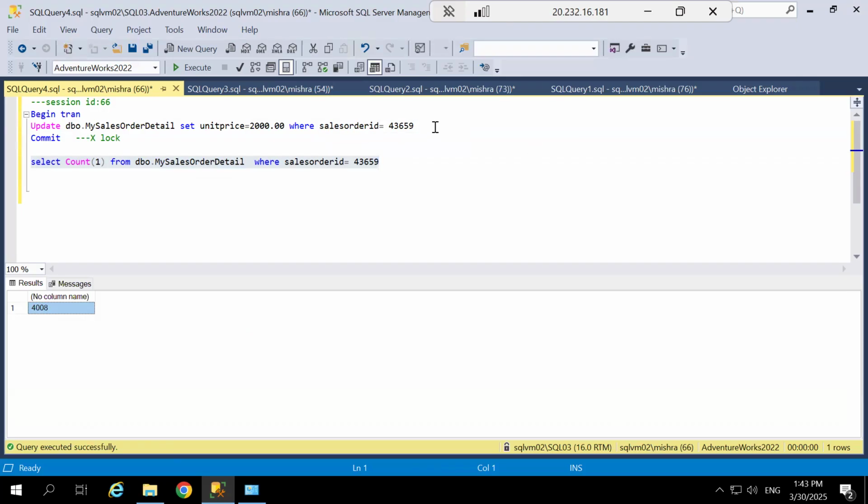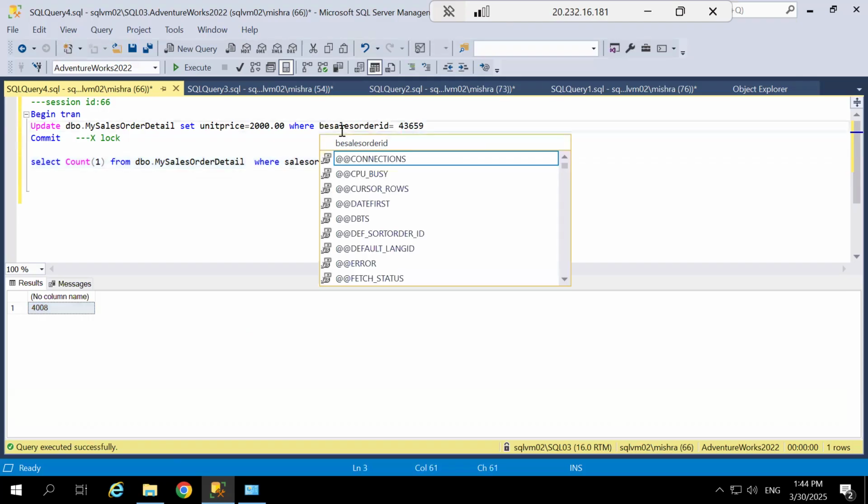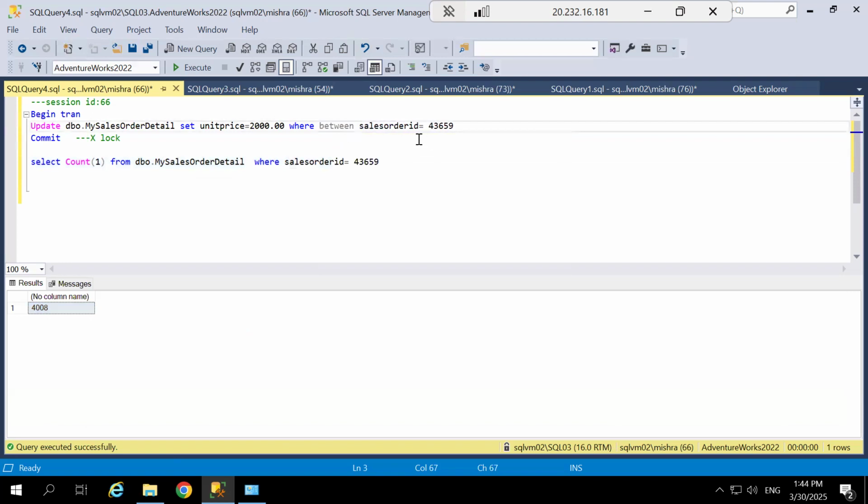Sales order ID, this. Let us introduce between this value and sales order ID equals to, let us make it, say, for example, 4, 6.